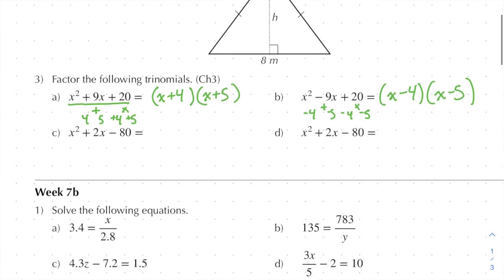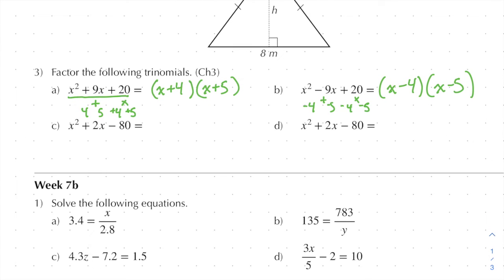Letter C, we work with the same process. What multiplies to minus 80 and adds to plus 2? Well, 1 and 80 don't. 2 and 40 don't. 4 and 20 don't. 5 and 16?